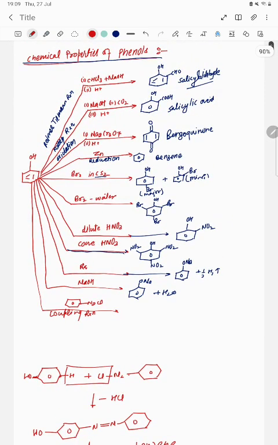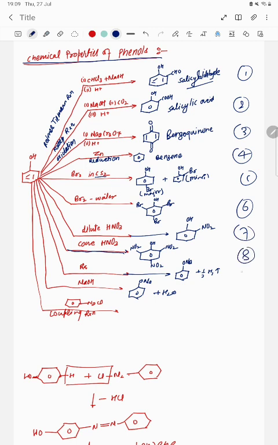If you count the reactions, there are many reactions that you can note down: 1, 2, 3, 4, 5, 6, 7, 8, 9, 10 and 11. In total, there are 11 chemical properties.